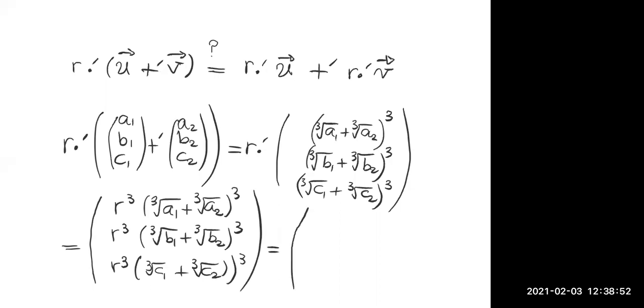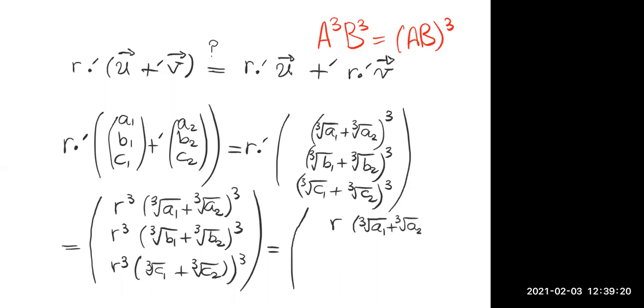I have r cubed times another number cubed. We know a cubed times b cubed, for any two numbers a and b, is equal to (ab) cubed, right? So rather than writing r cubed times another thing cubed, I would write (r times the third root of a1 plus third root of a2) cubed, the whole thing cubed. I would do the same thing for the second and third components.